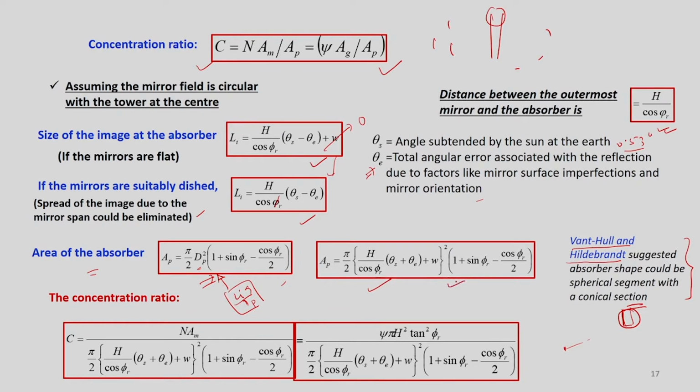Once we know Ap, as we know the expression for the concentration ratio, we can substitute the value here and we can develop the concentration ratio for this considered observer system, this kind of observer. So, this will be something like this, N Am, then this expression multiplied by this expression.